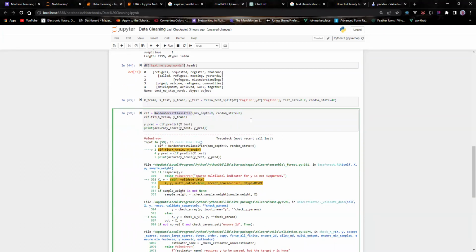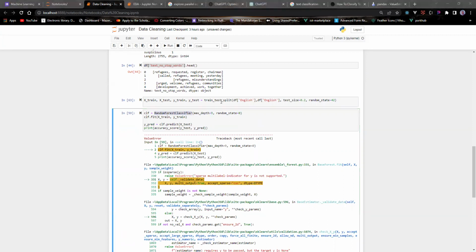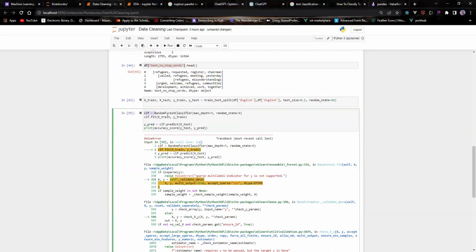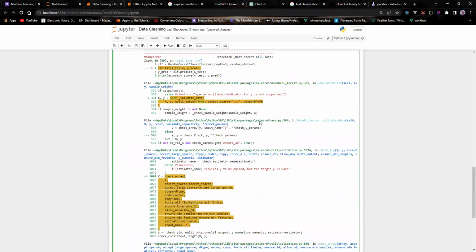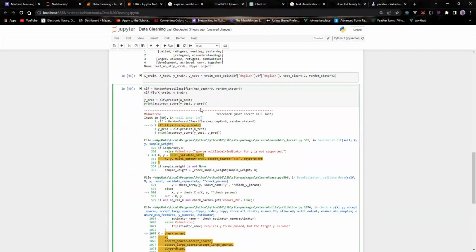As you can see, I was able to successfully split it into the training and the testing data sets using a ratio of 0.8 to 0.2. I tried to call the random forest classifier on the data, but I'm having a few errors on that part.